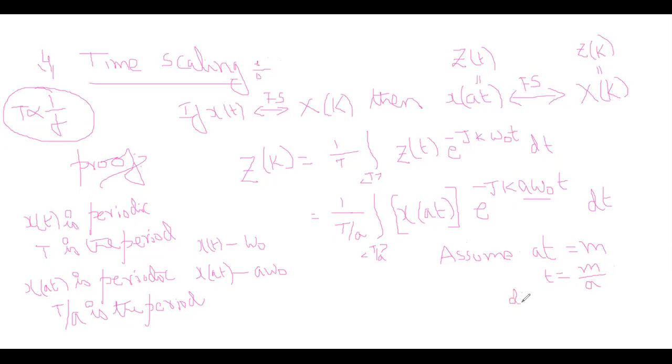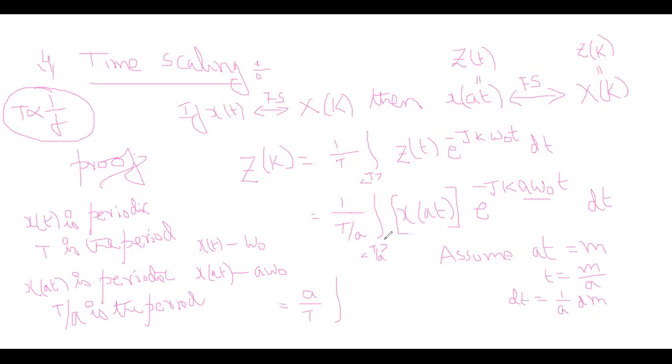Apply the derivative on both sides. So dt is equal to 1 by a into dm. Don't get confused here. Applying the derivative, we get dt is equal to, because a is a constant, a into dt, and m is the variable, so dm. So I cross multiply the a as 1 by a into dm. That is equal to 1 by T by a, means the a will come in the numerator and T will come here.